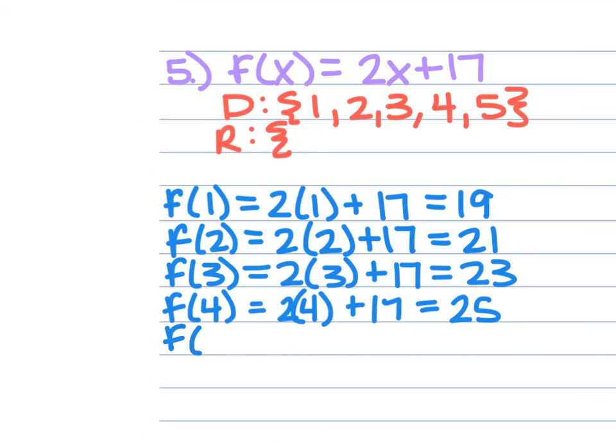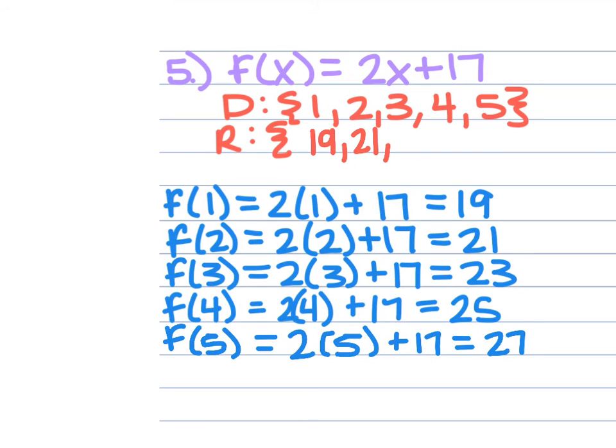And f of 5 is 2 times 5 plus 17, which is 27. So we have 19, 21, 23, 25, and 27 for range values.